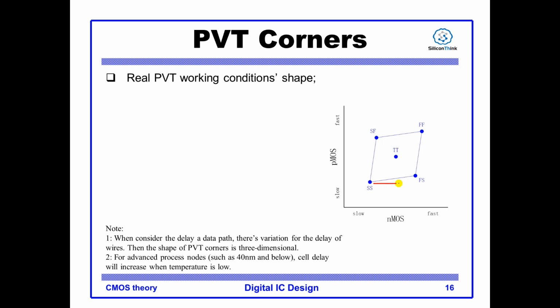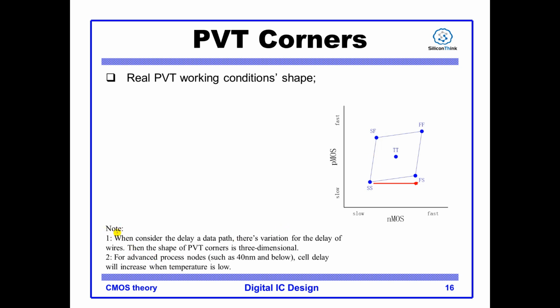For example, for this point, it's impossible for NMOS to work at fast corner while the PMOS works at slow corner. This is usually impossible. So the shape of the PVT corner isn't a rectangle, it's a polygon.